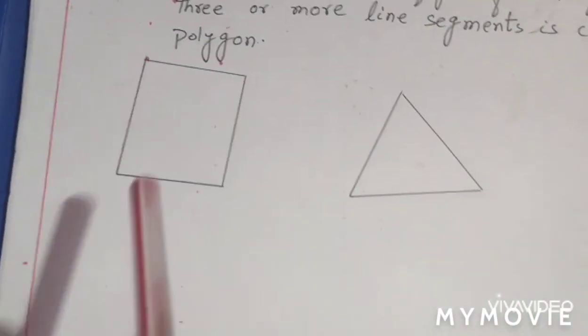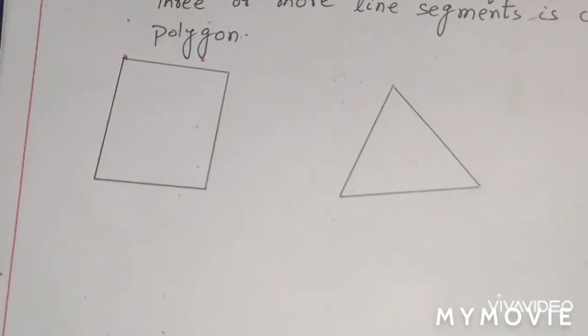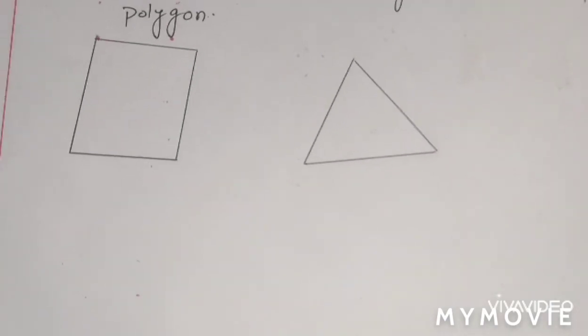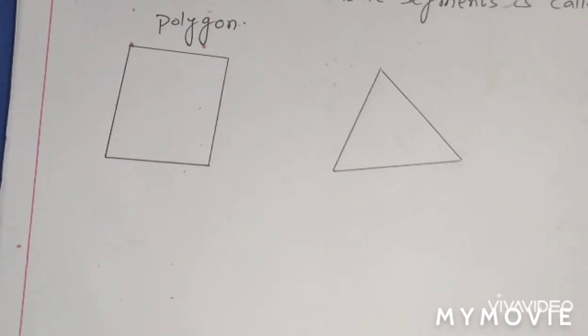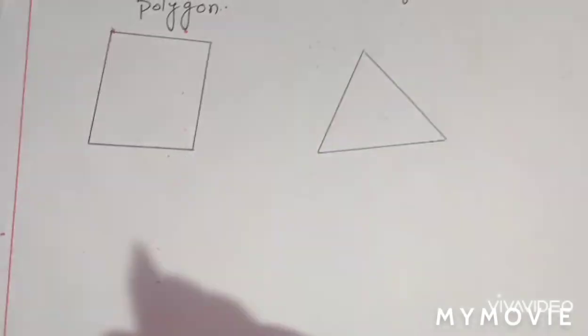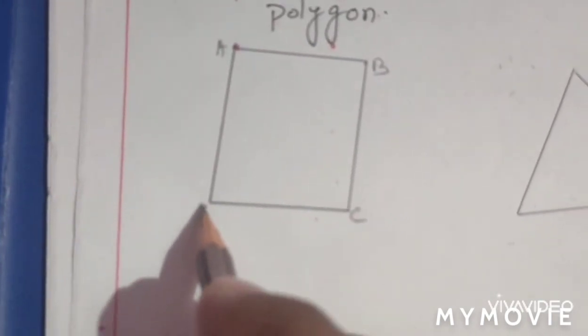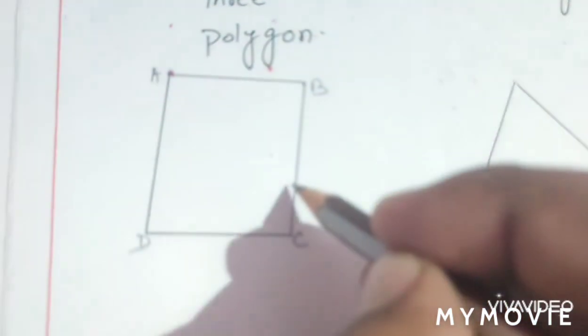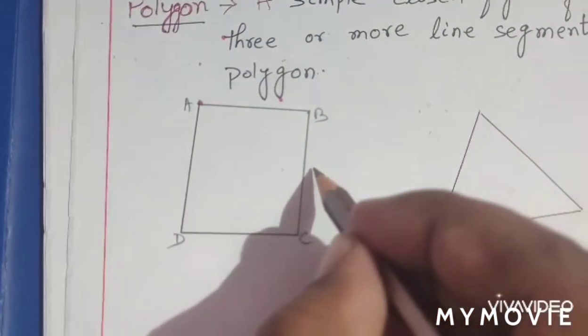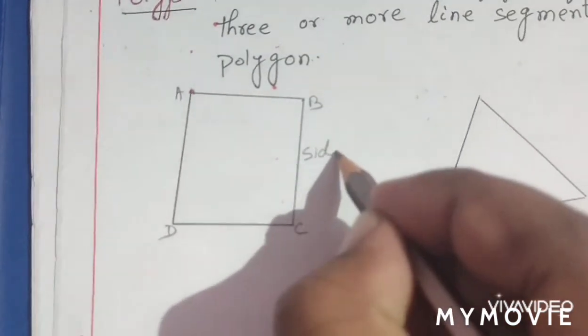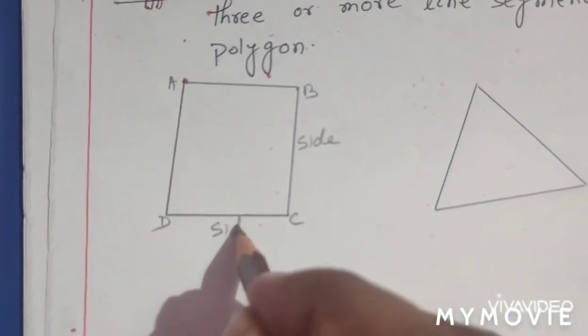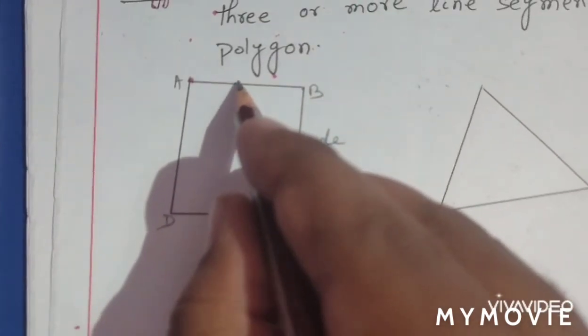Okay, children, I have told you this is one polygon. In this polygon, we have A, B, C and D. If I write it this way, this is one side, this is another side, this is another side, and this is also another side.